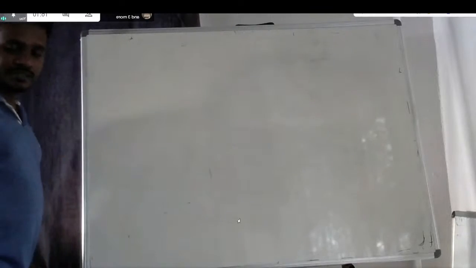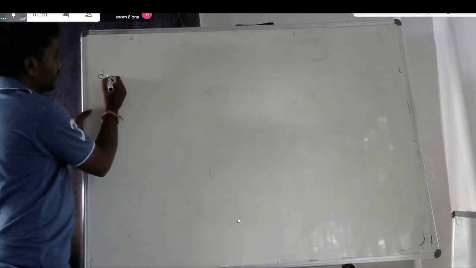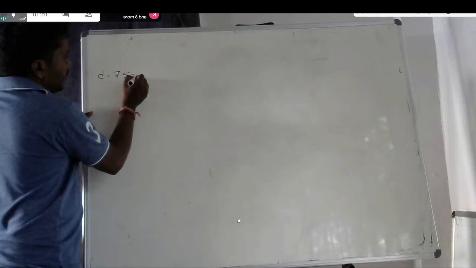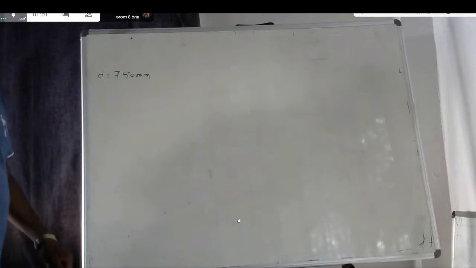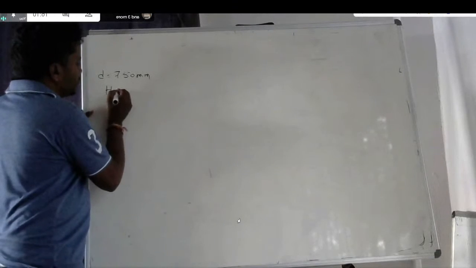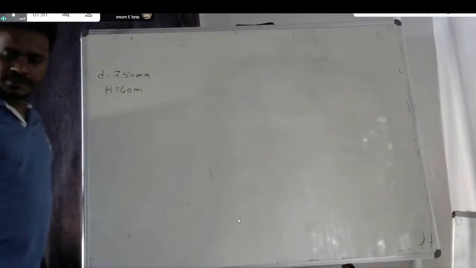The problem is different, sir. A cylindrical shell having diameter 750. Sorry, I wrote other data. D is 750 mm. Now it has to withstand a water head H of 60 meter. Now find the thickness T of the pipe.